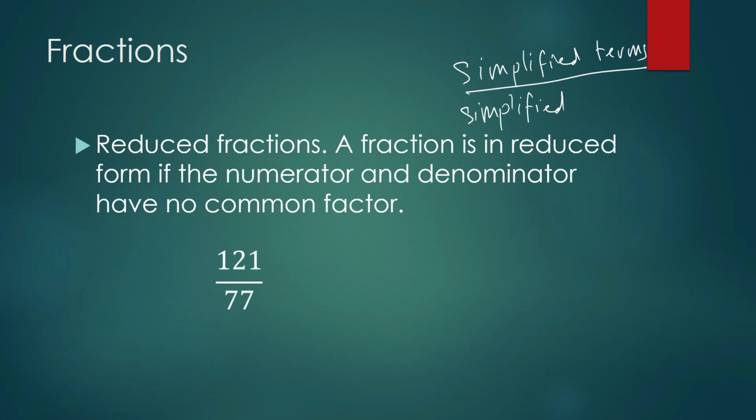How do we reduce this into simplified form or simple terms? Well, 121 is the same as 11 times 11. And 77 is equal to 7 times 11. 11 divided by 11 is 1. And so we are left with 11/7.